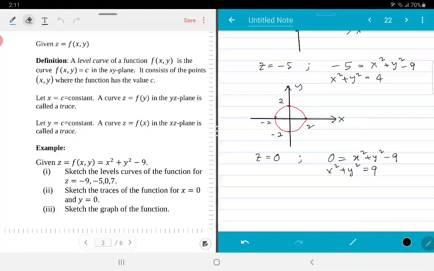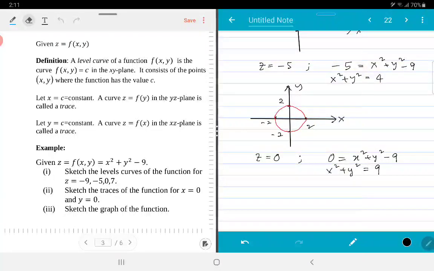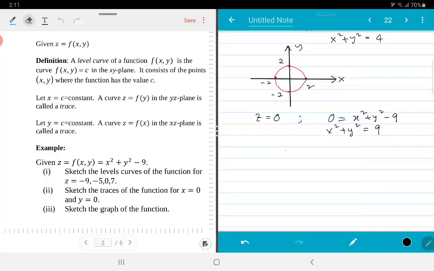Okay, when we plot that, oops, hang on, this is a 9. All right. Sketching that on the xy plane, the radius of the circle is now 3.